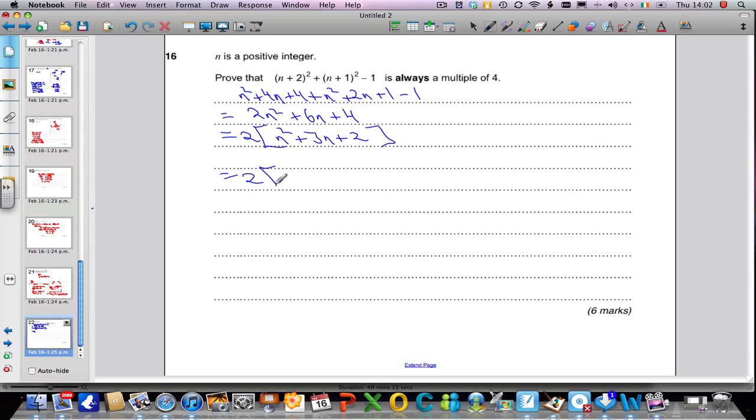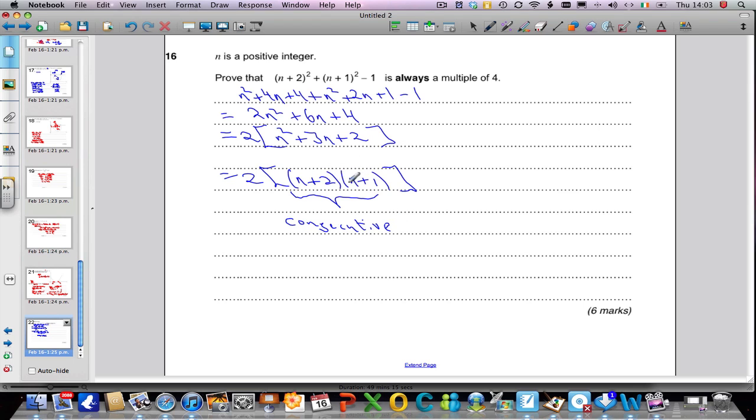So we get 2 times, and when you factorize that, you get (n plus 2)(n plus 1). And we've actually done the bulk of the work there. If you look at this part, one is n plus 2, one is n plus 1. So they are consecutive. Consecutive. My spelling is dreadful here.